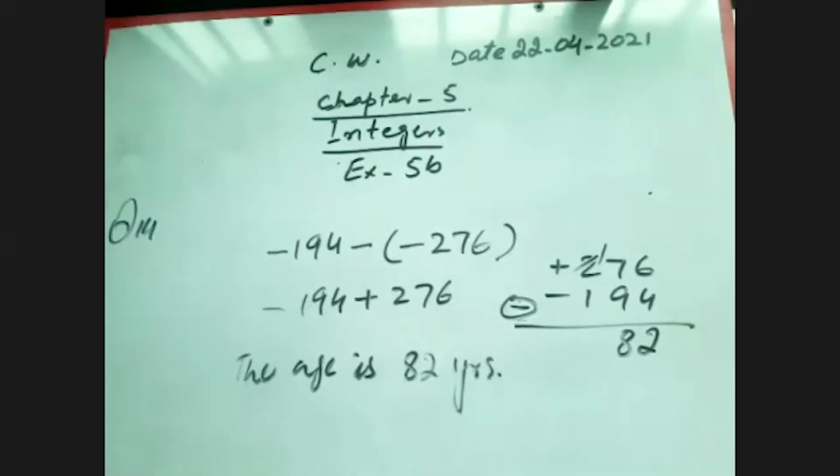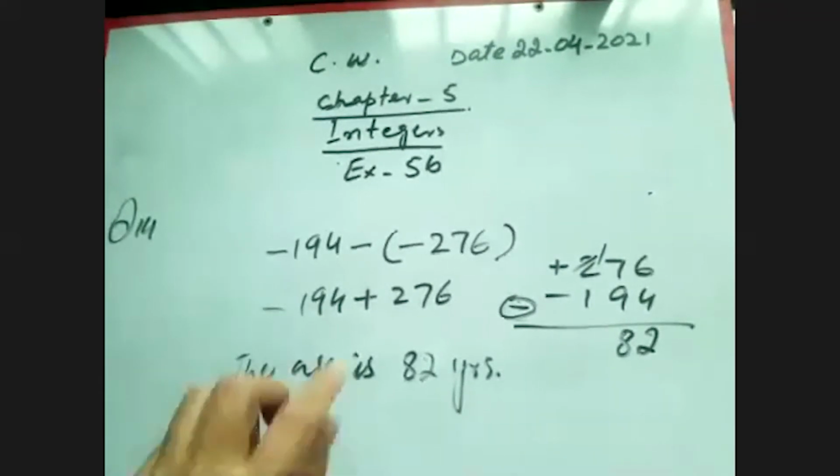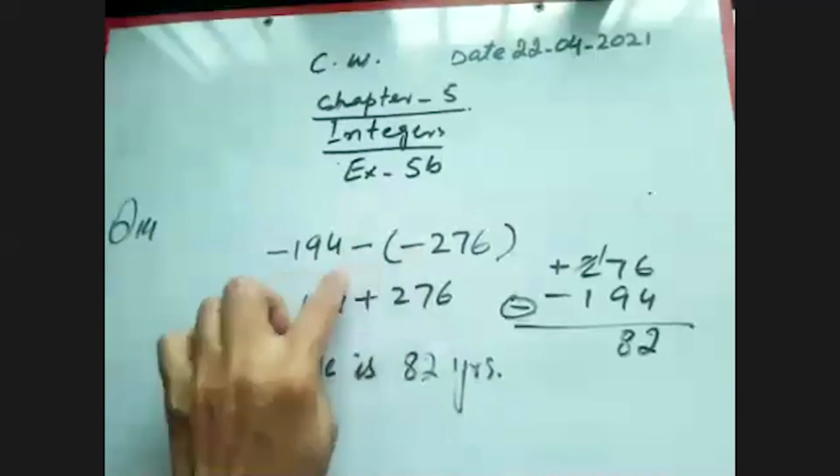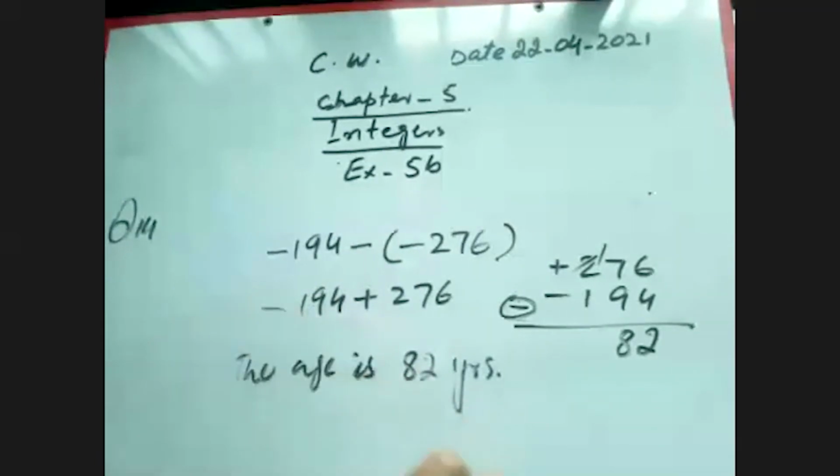We have to do the subtraction of both the ages. So both the ages are negative. By doing the subtraction, you will multiply both signs. You'll get a positive sign here, and then do the subtraction and get the age of Eratosthenes.